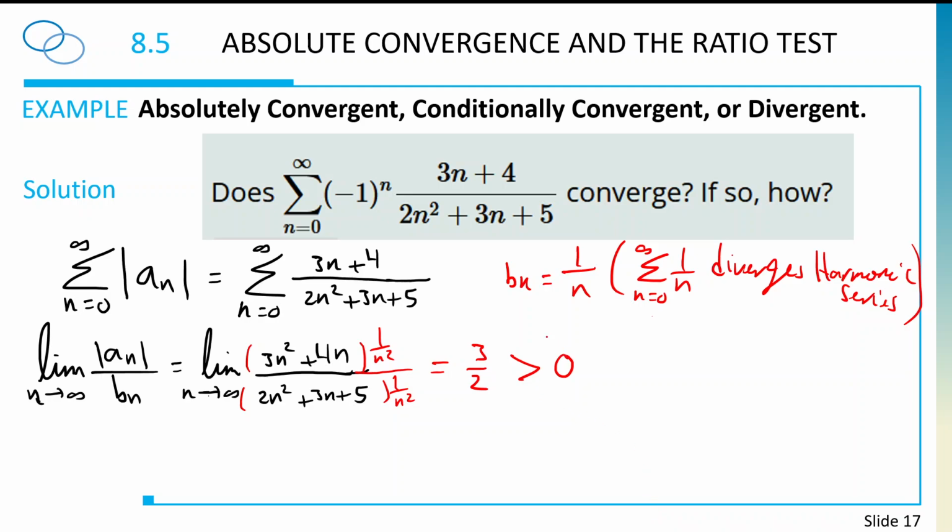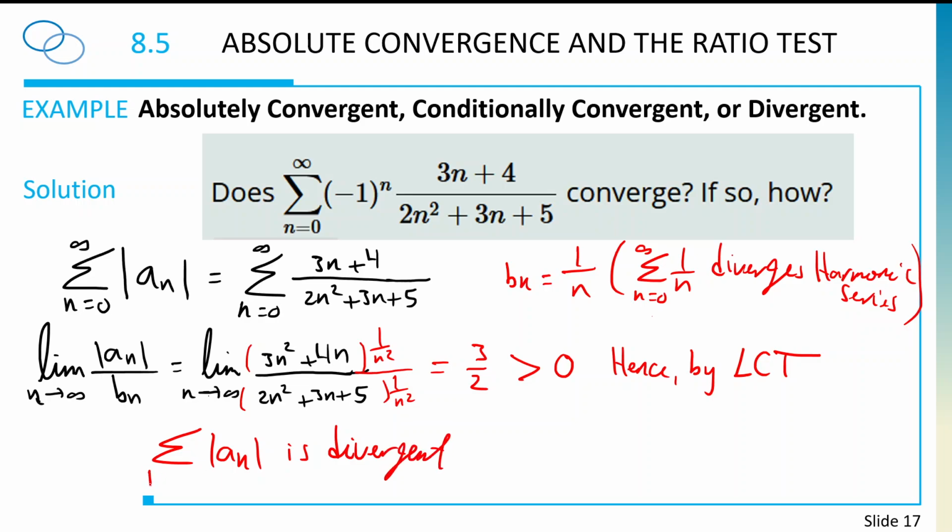If it's greater than 0, then both of them have the same behavior. So that means it's divergent. Hence, by the limit comparison test, the sigma with the absolute value is divergent.